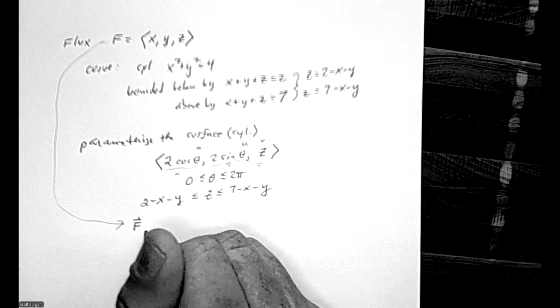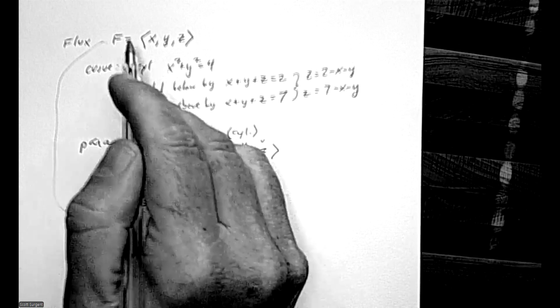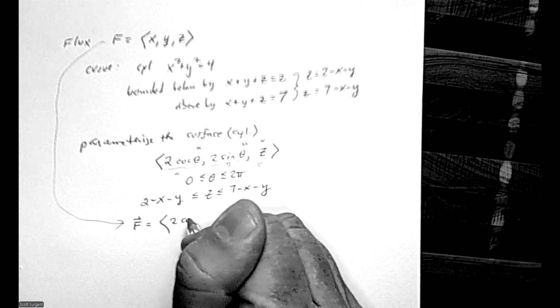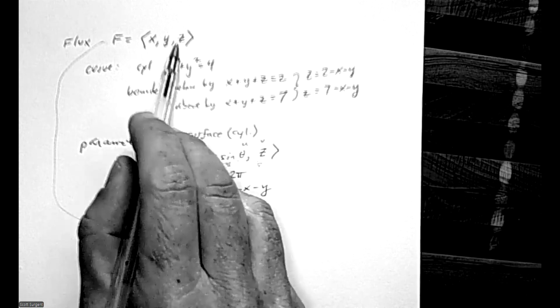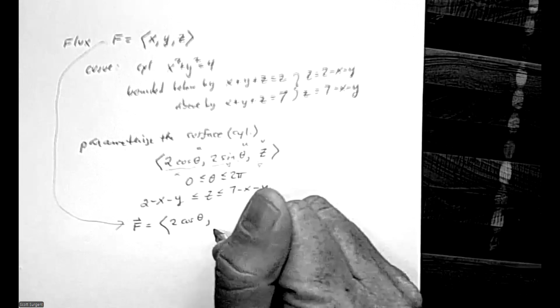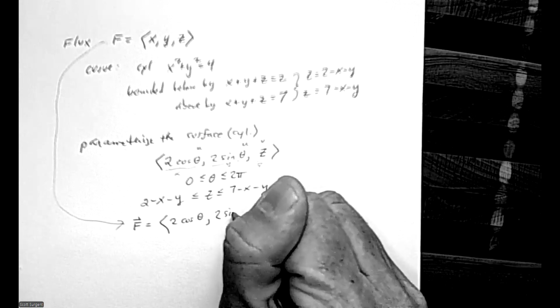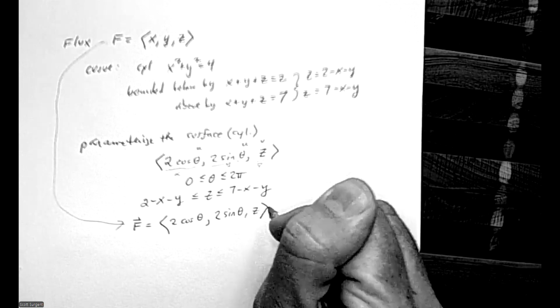So the vector field now is just x, which is 2 cos theta. And this one, because this is kind of like the identity vector field in a way, it doesn't really change much. It's kind of frustrating. So this will be your vector field now in terms of the parameterized variables.